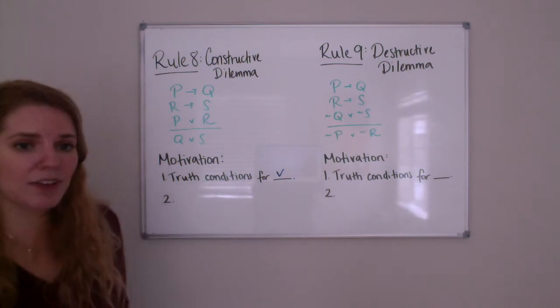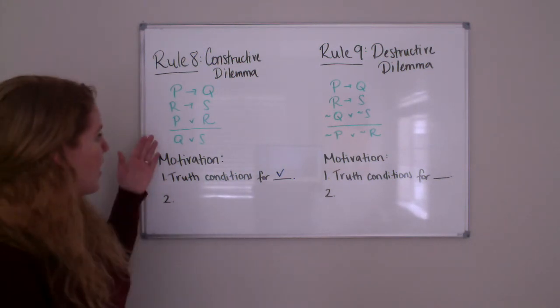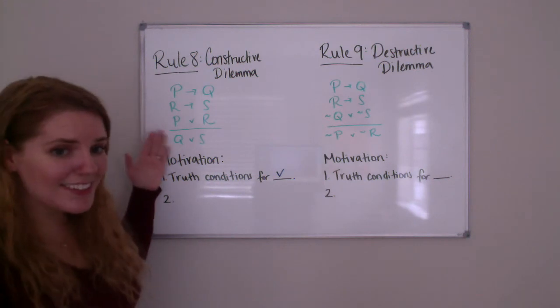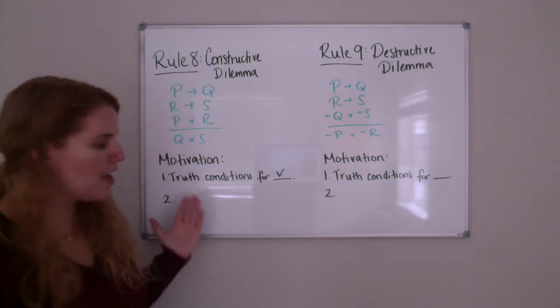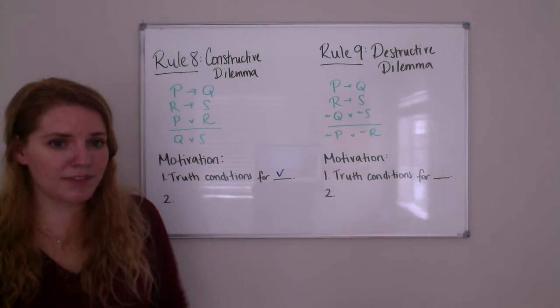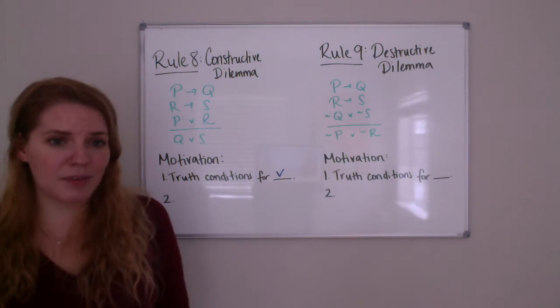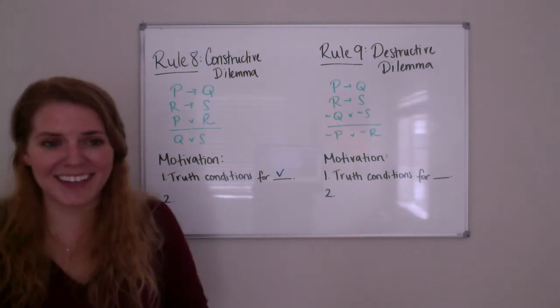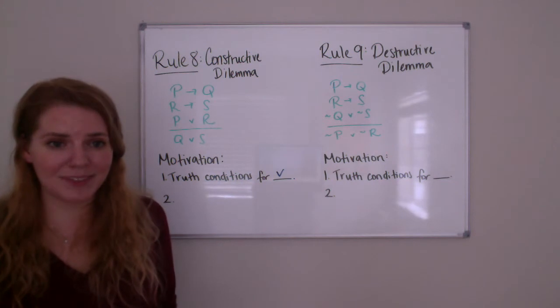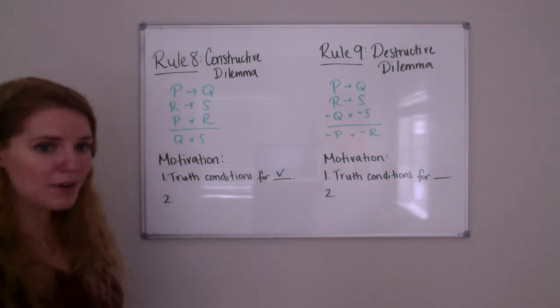Now, the next thing that we need to understand about how these three premises can give us this conclusion is an argument pattern that we're already pretty familiar with. Can you guess which argument pattern is going to help us understand or motivate Rule 8? It's modus ponens.